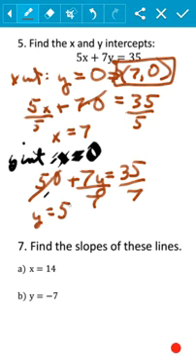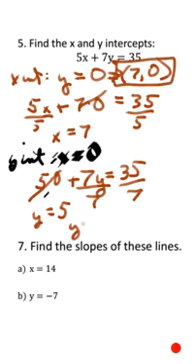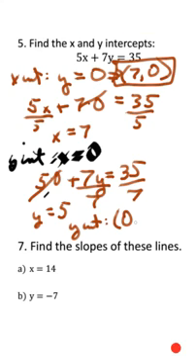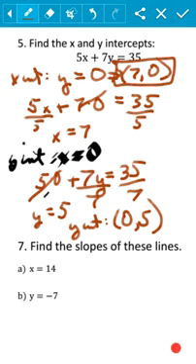So y equals 5 is not our y-intercept. It is the place where our line crosses the y-axis. But our y-intercept is going to be the point x equals 0, y equals 5. So the x-intercept always has 0 in the y place, and the y-intercept always has 0 in the x place.